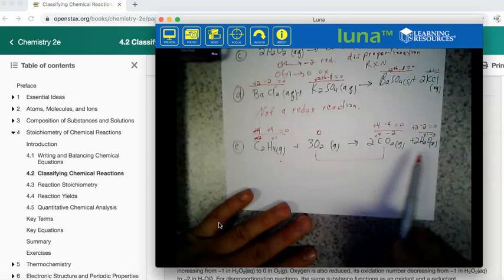Or a mass to mass. So you can go moles to moles, mass to moles, moles to mass, mass to mass. Mass to mass is the harder problem where you have 3 different conversion factors that you have to use. All right, so we're going to build up to that.